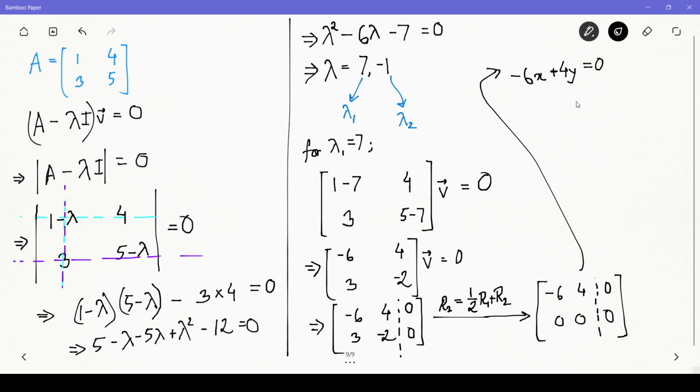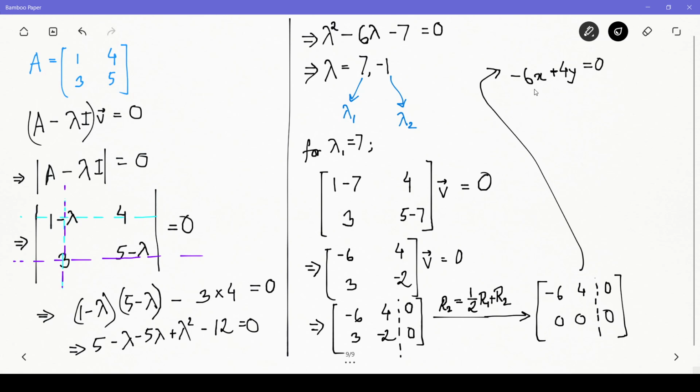So there are an infinite number of solutions to this equation. Any pair of values for x and y which satisfies this equation is a valid solution.